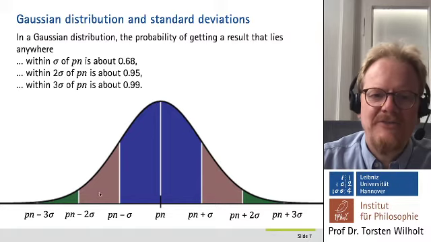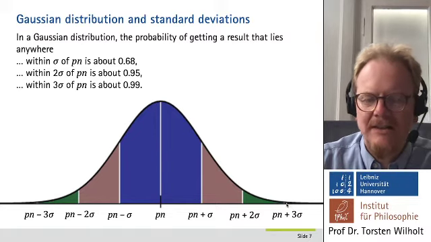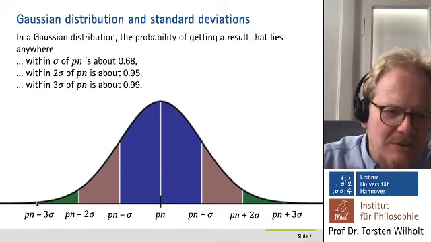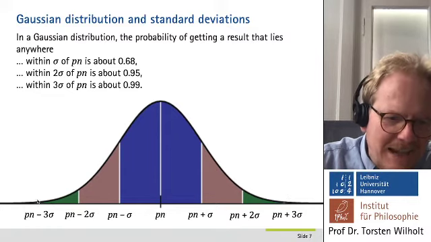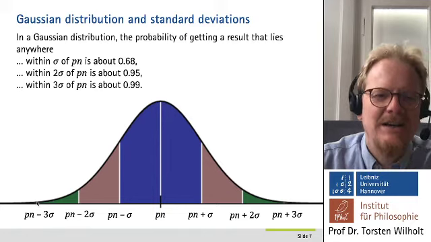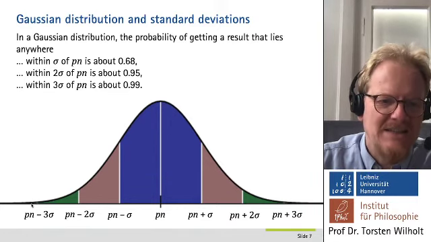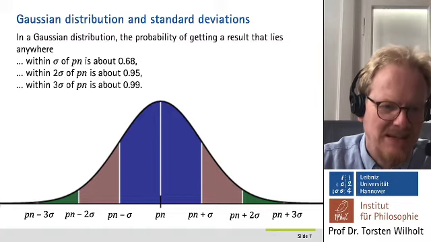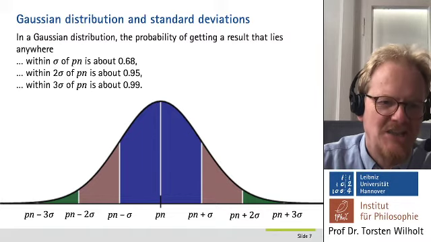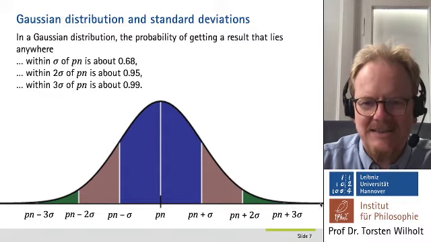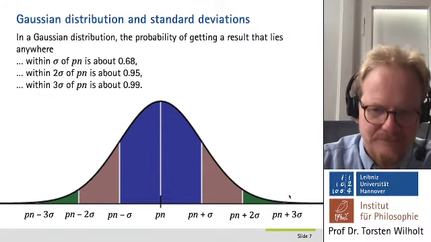And if you look even farther, if we look at the whole thing, including the green areas, you notice that the green area ends here, where there are 3 standard deviations from Pn. And then there's a little bit of rest of area under the curve, and the curve does not, it only approximates zero here. It never touches the x-axis of this graph.